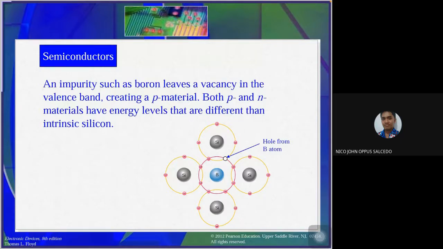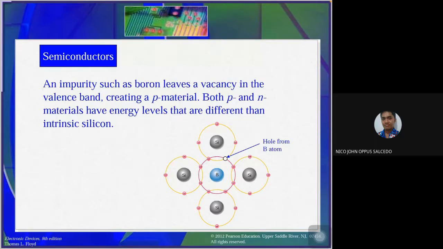Quick recap. We have 3 types of materials: conductors, insulators, and semiconductors. Pure semiconductors do not necessarily conduct electrons. The pure semiconductors are silicon and germanium. They are intrinsic. For it to become extrinsic, we need to subject it to a process called doping.